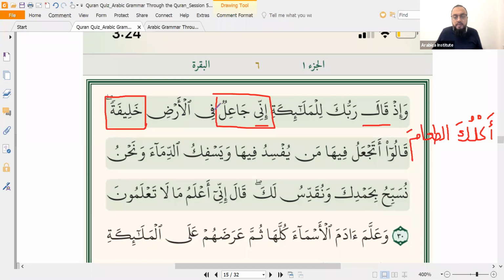I could express this differently. If I use an idafa, I could do this: inni ja'ilu khalifatin. All right, we've got an idafa there. It's not doing the job of a verb there. Same here. If I say aklu ta'ami, then how would I say from you or by you? Laka, abika, or minka, so I do min.